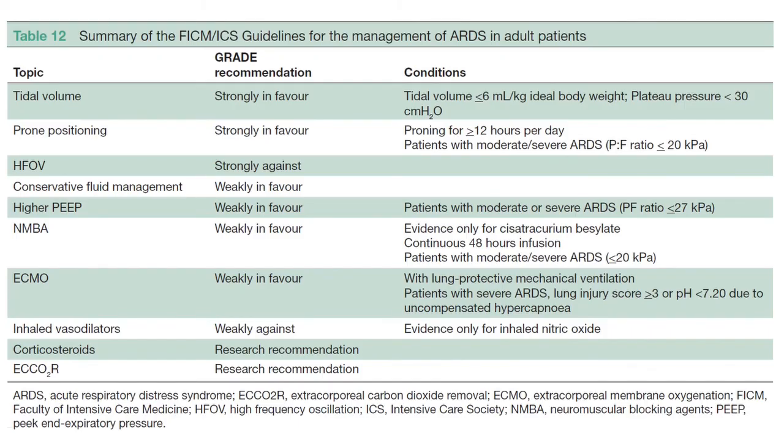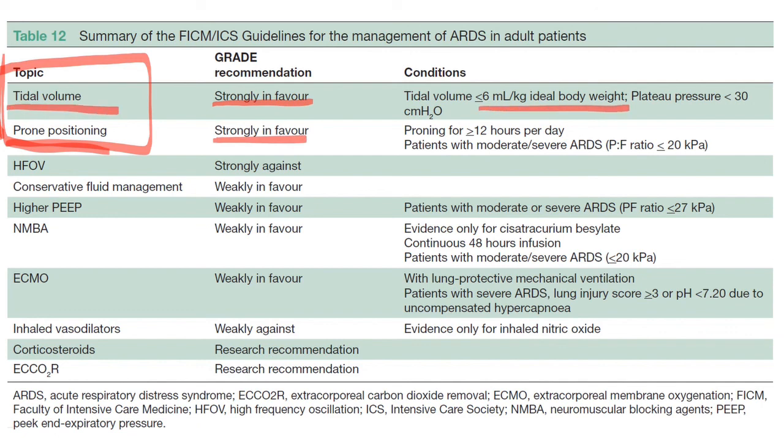To summarize, as we recall, the two most important interventions in patients with ARDS that are strongly in favor of their use are the low tidal volume of 6 milliliter per kg of ideal body weight, and the plateau pressure less than 30 centimeter, and the driving pressure is a very important limitation also, less than 15 centimeter water.